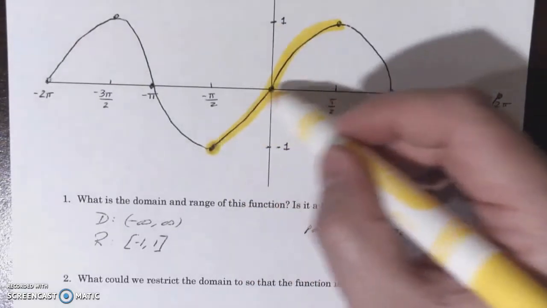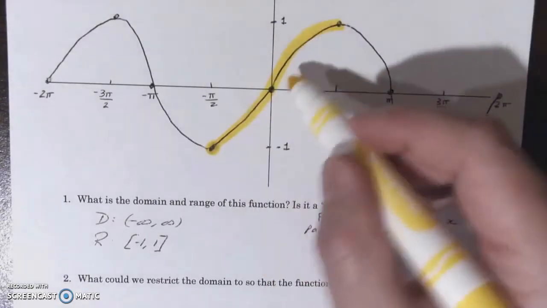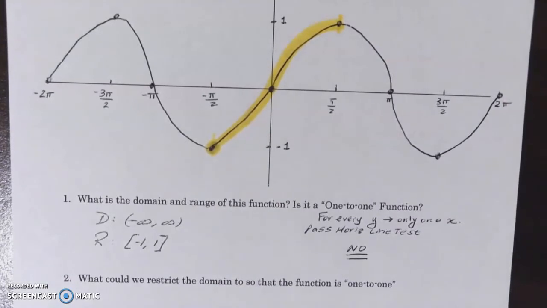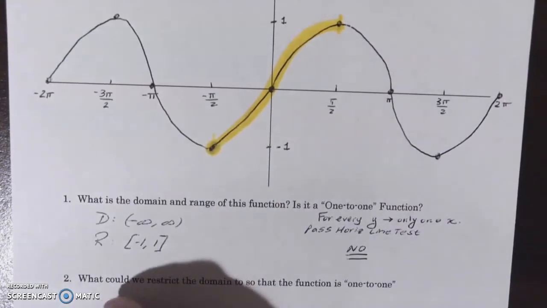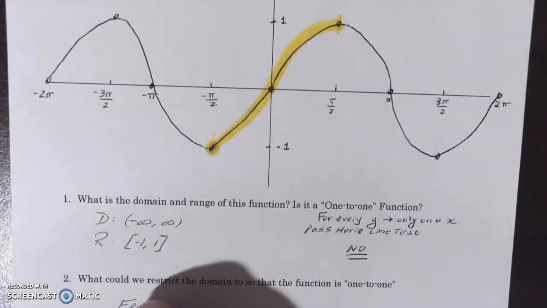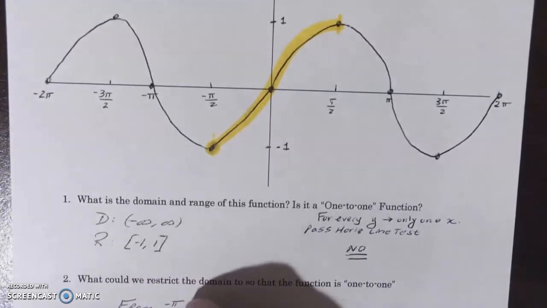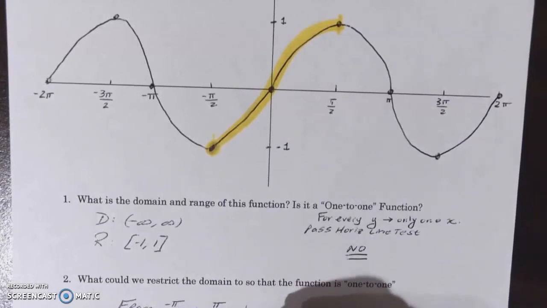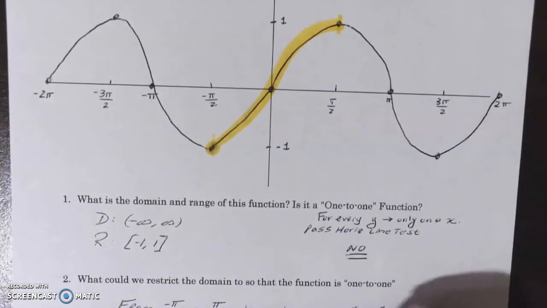And it becomes a 1-to-1 function. It would pass the horizontal line test if we look basically from here to here. So we are going to restrict the domain from -pi/2 to pi/2 to make it a 1-to-1 function.